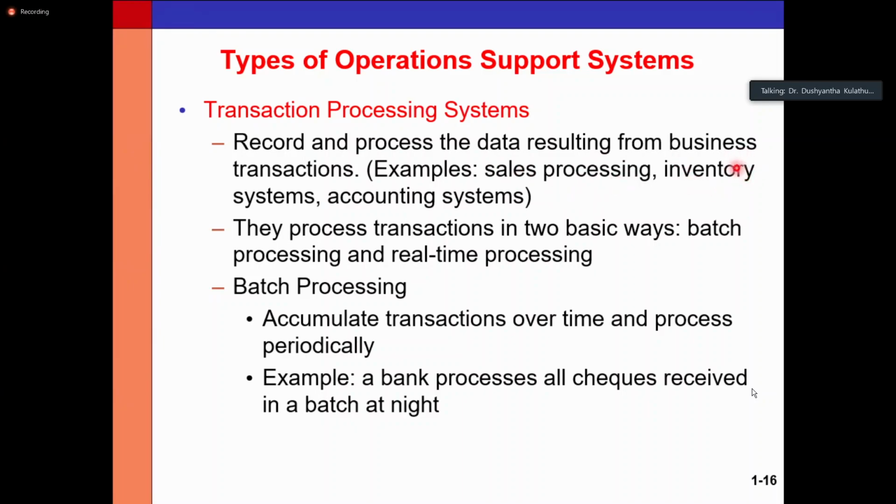Inside, say, the production department, there can be an inventory system running. Inside the accounting department, there can be some accounting systems running. Those systems will process certain transactions: sales processing systems process sales transactions, and inventory systems process inventory-related transactions. Likewise, different systems record and process those transactions.